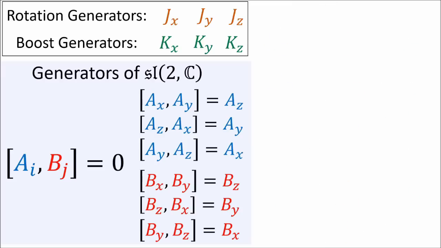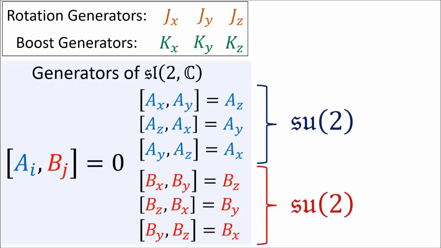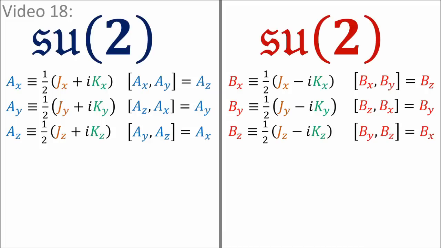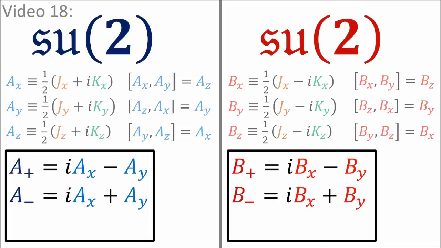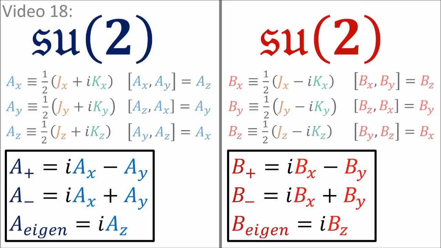Each of these 2 families is equivalent to an SU2 Lie algebra, because these are the same commutation relations seen with SU2. As seen in video 18, whenever we have an SU2 Lie algebra, we can change basis to get a raising operator, a lowering operator, and an eigenvalue operator, according to these definitions.